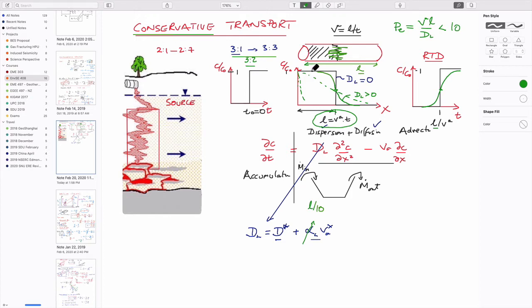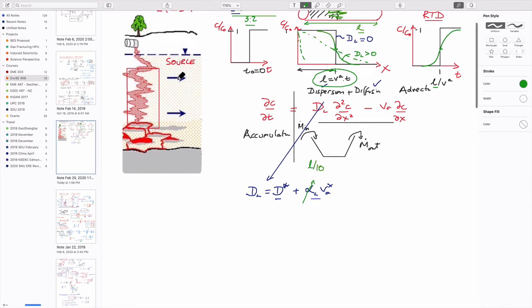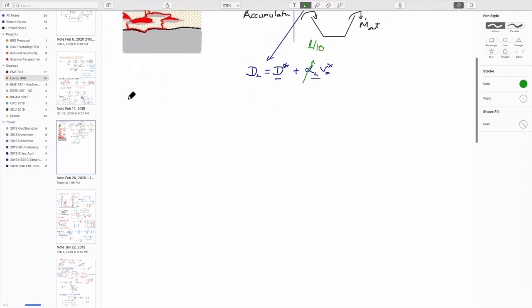And if that material sorbs onto the grains and is stuck on the grains and removed effectively from the flowing water, then you're depleting the amount of mass within the system. So no longer are you conserving mass within the water because you're attaching some of it onto the solids. And so what we'll talk about today is what happens if you look at non-conservative systems. So that's our idea for today. So non-conservative.